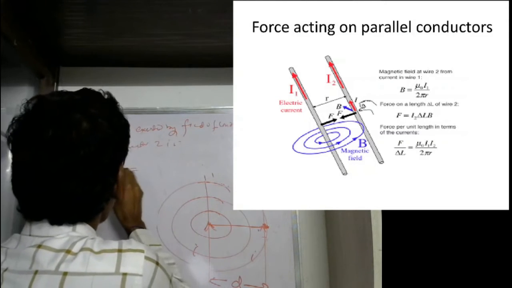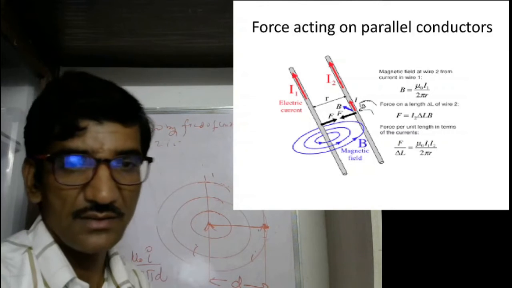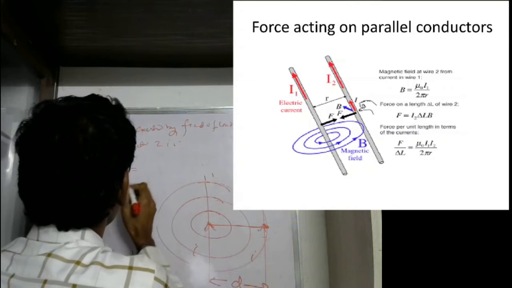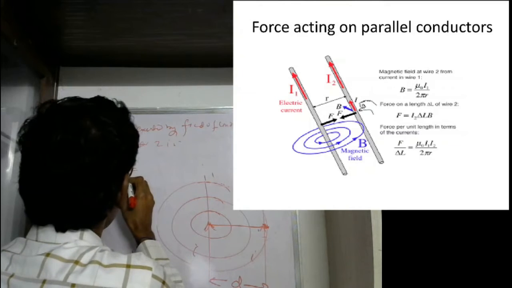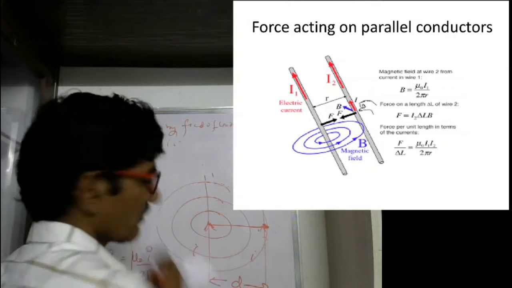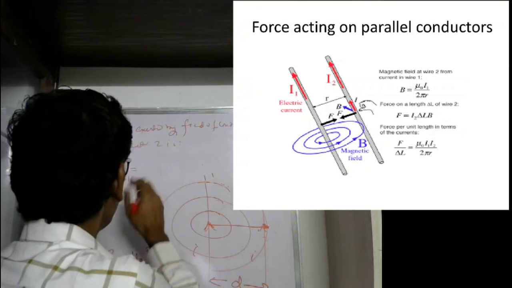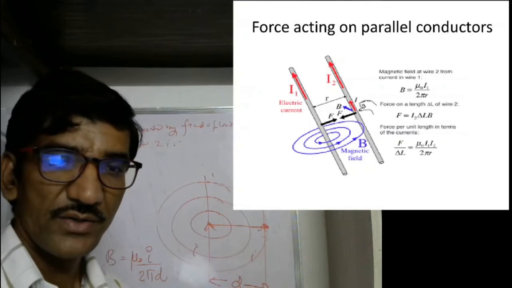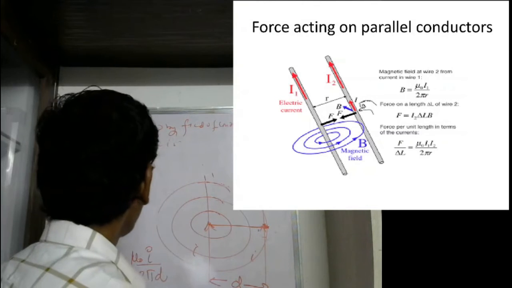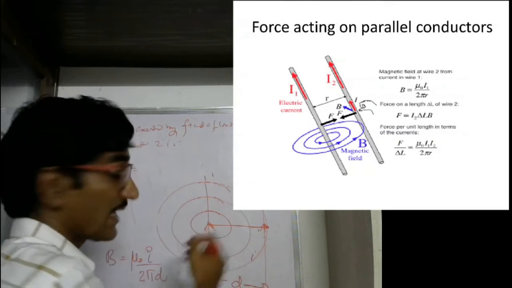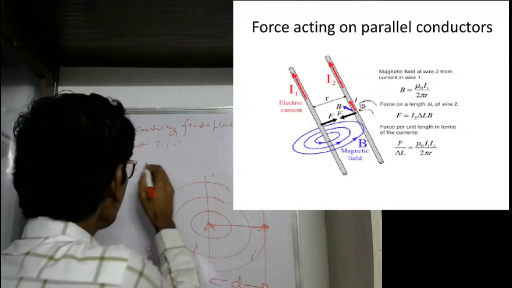This is the force acting on 2 due to 1, F21, whatever may be your notation. Otherwise, simply call this F2, the magnetic force acting on the second conductor.